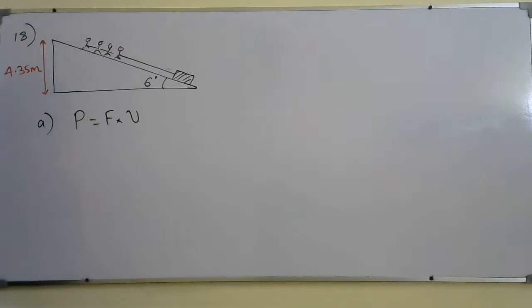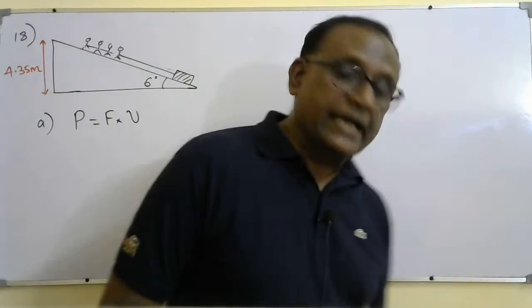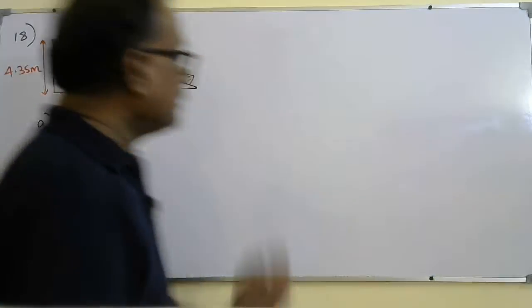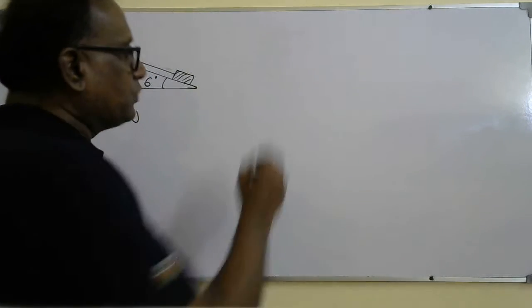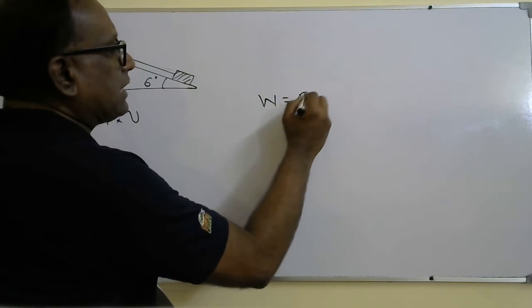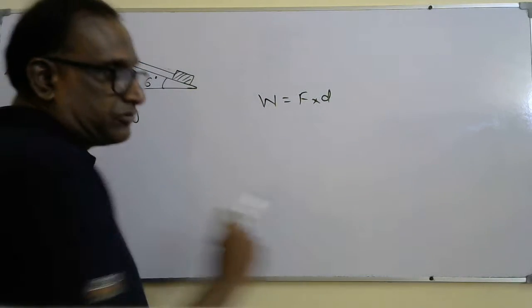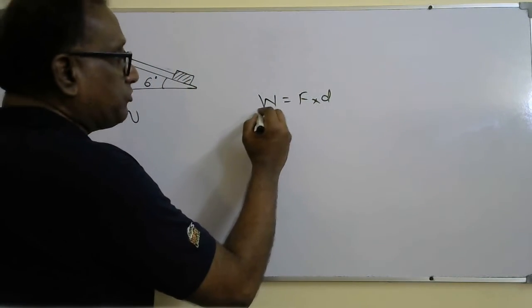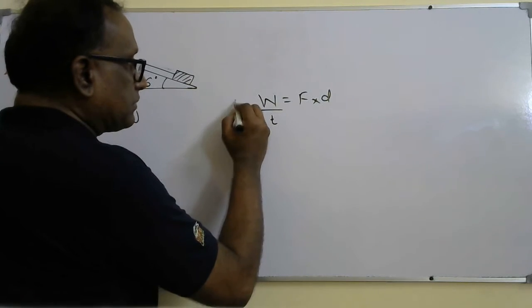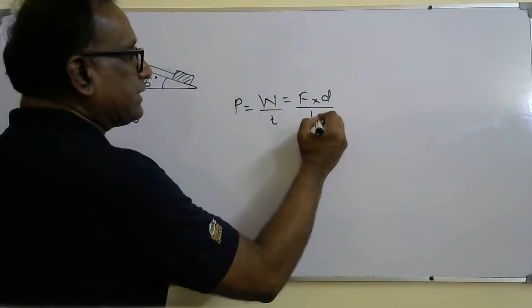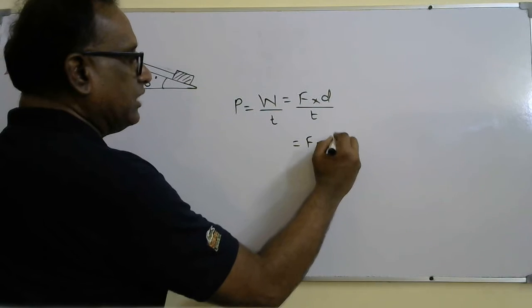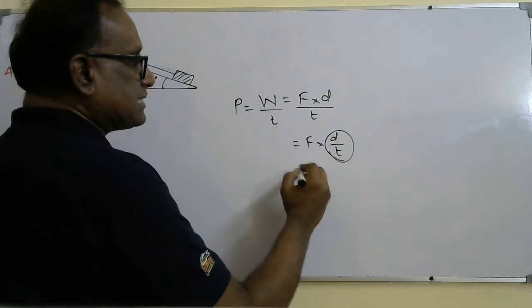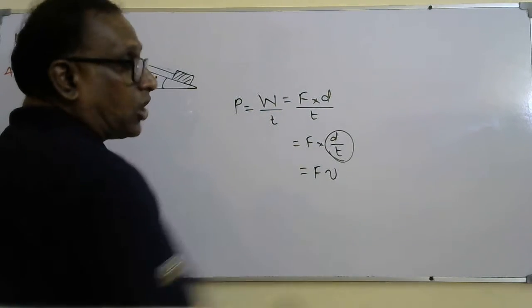So this force is the force exerted by the people. You know the equations given in the data sheet, work equals force times distance moved. Force is the force applied by the people. Power means rate of work done, work divided by time. So F times d over t, d over t is the speed, F times v, constant speed.